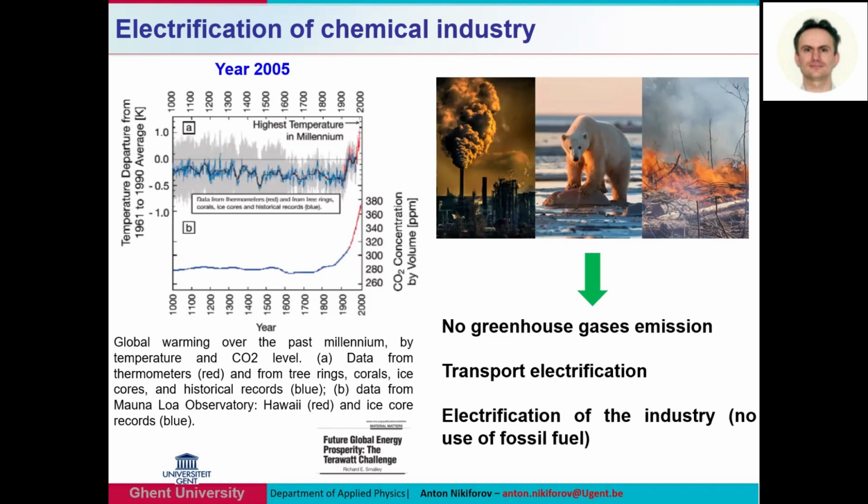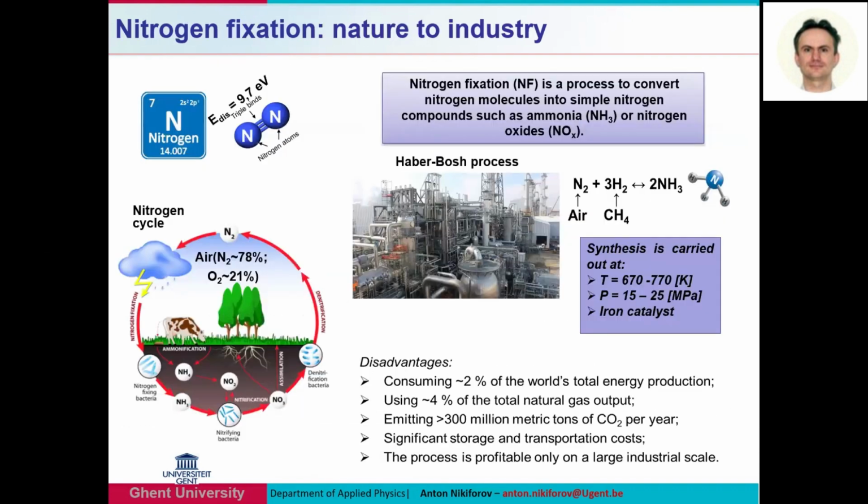The idea was to somehow solve, or at least try to provide solutions to solve the problem in a chemical industry with growing of CO2 content, which is related to the change of the climate. And what we want to do, we want at least somehow help to electrify the industry. And the process we are targeting is the Haber-Bosch process, which is very known for nitrogen fixation.